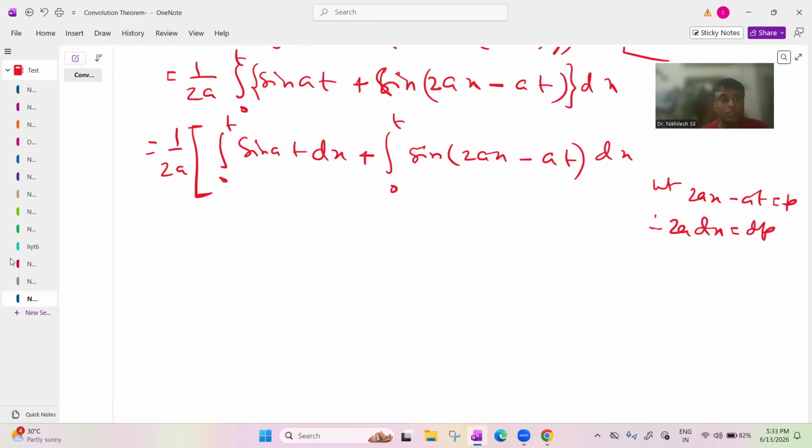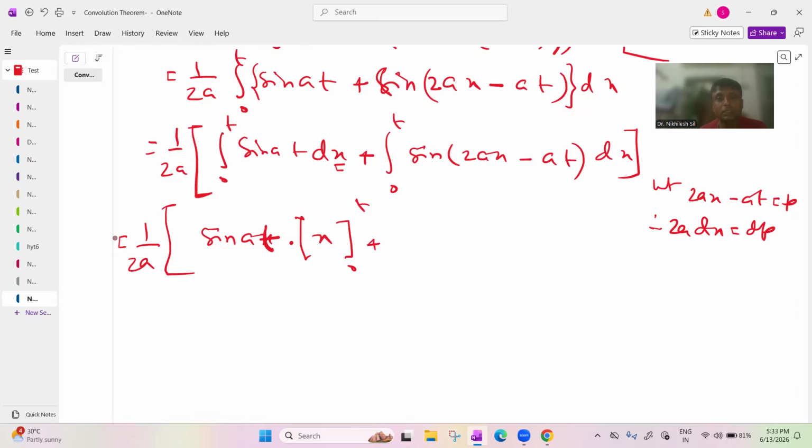So what we are getting, this is equal to 1 by 2a. The integration is with respect to x, so sin at is constant, into x within the range 0 to t, plus integration of sin p. Now what is dx? dx equal to dp by 2a.